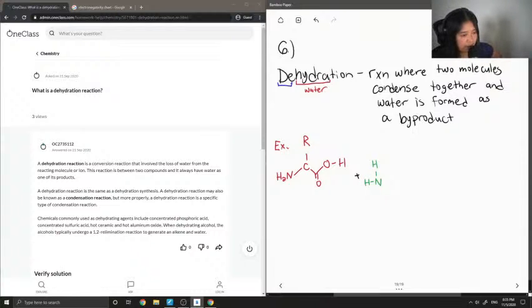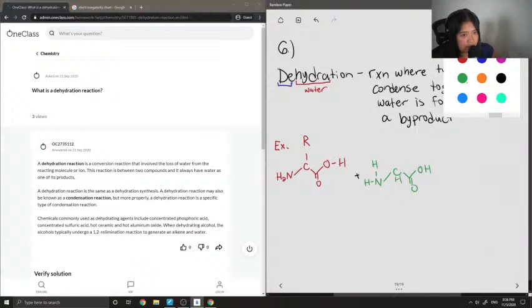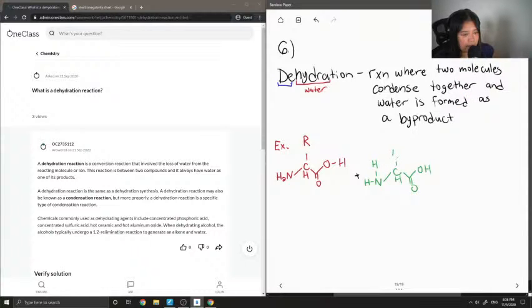It's gonna have the same structure with a carboxylic acid group and an amine, but the only thing that sets them apart is that they have different R groups. So let me just also put my hydrogen. And then I'm going to note this R group as R prime.